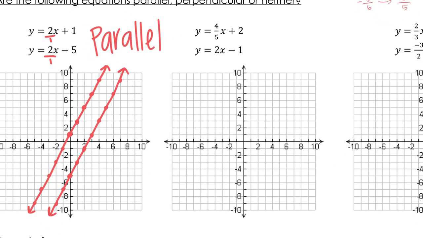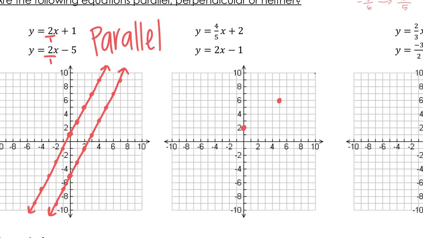We're going to graph the next two. Our first equation, y equals 4 over 5x plus 2. We are going to begin at positive 2. And then our slope is 4 over 5. So I'm going to go up 4, right 5. And I'm going to do that again. It looks like I got room.